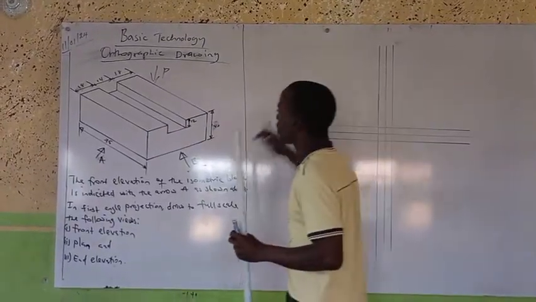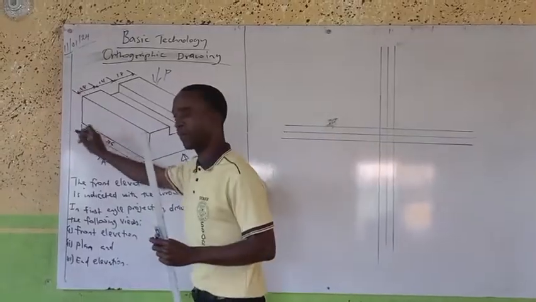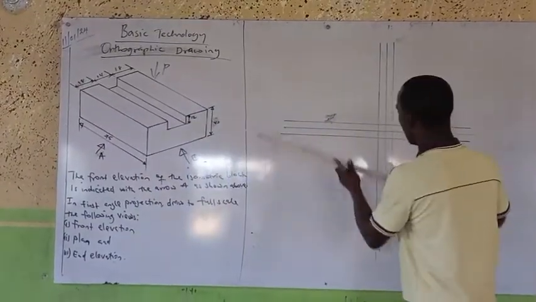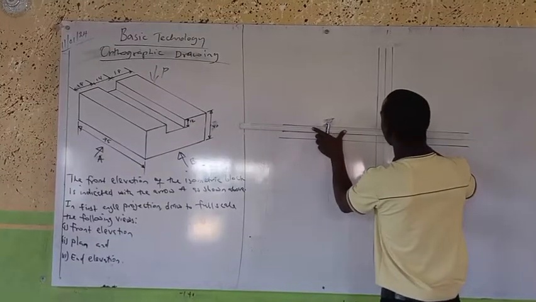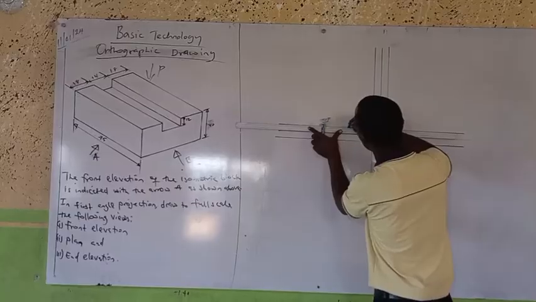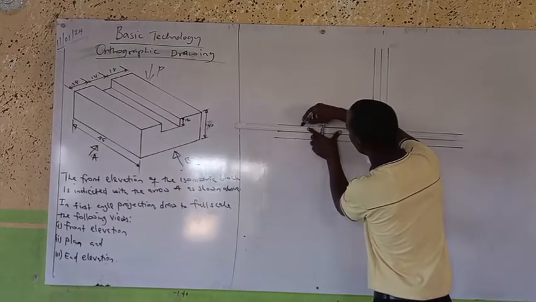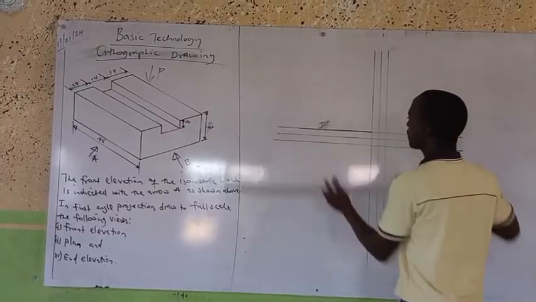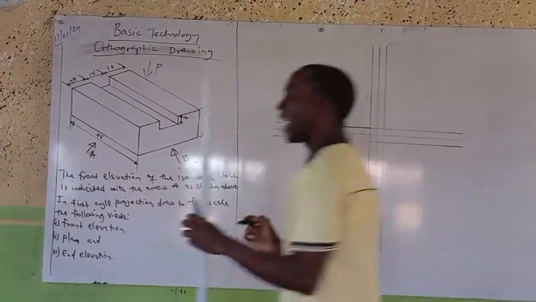So, what is the dimension here? 75. From this point to this point, that is 75. You measure it out with your ruler until you get to 75.